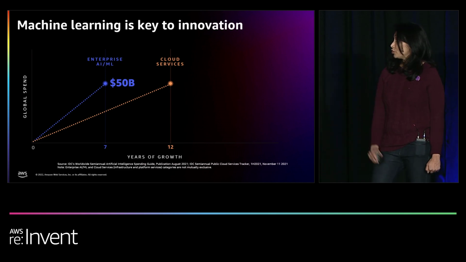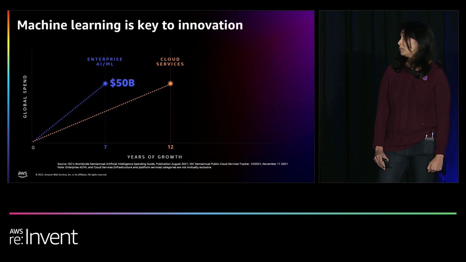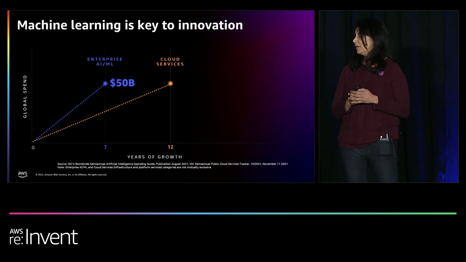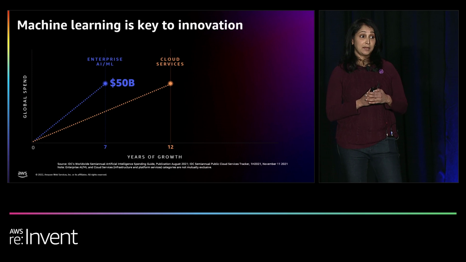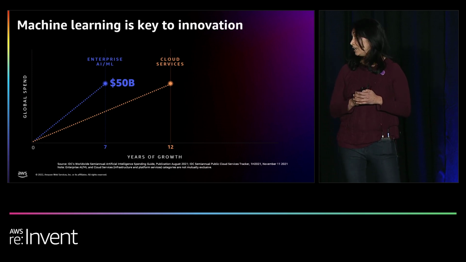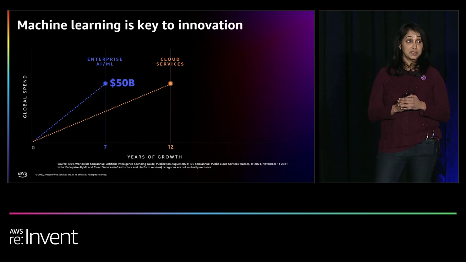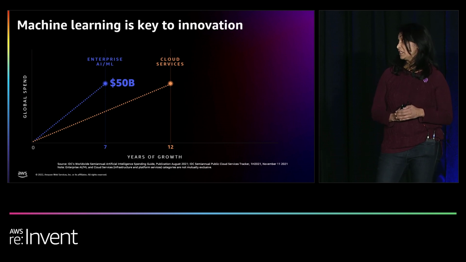So according to this chart, the IDC saw that the global spend in machine learning went from almost nothing in 2013 to $50 billion in 2020. Which is a span of just 7 years. To put this in perspective, cloud computing took 12 years, or almost twice as much time, to reach the same level of investment.